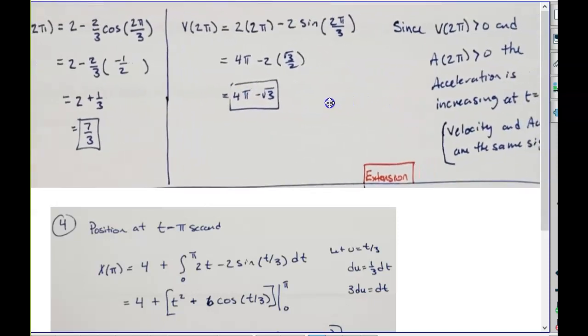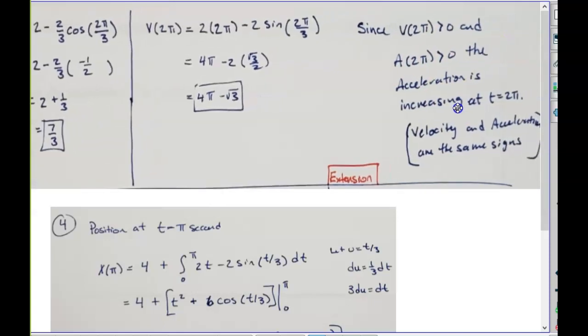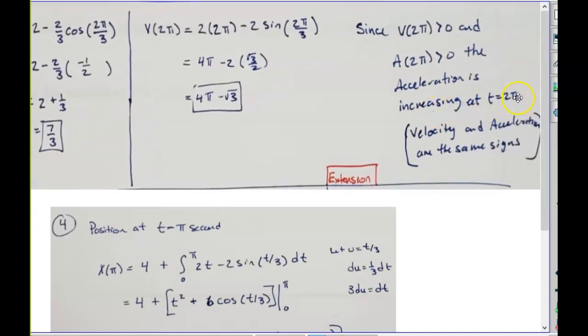Now look at my explanation here. Since v of 2 pi is positive, it's greater than 0, and a of 2 pi, so acceleration at 2 pi, is positive, the acceleration is increasing at time 2 pi. How do I know? The acceleration and the velocity have the same signs.